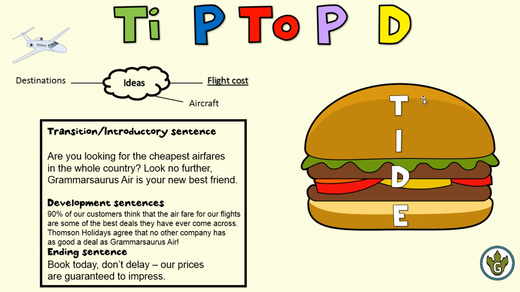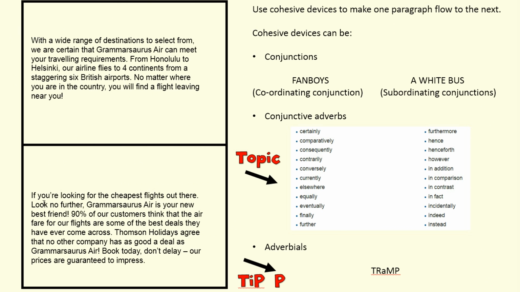Okay, so I need to put a transition sentence at the beginning of my second one, because remember it goes transition if it's the second burger, and then introductory sentence. Now I've already got my introduction here, the first one, so my transition is going to be in addition. So in addition to our fantastic destination choices, if you're looking for the cheapest flights out there, look no further.